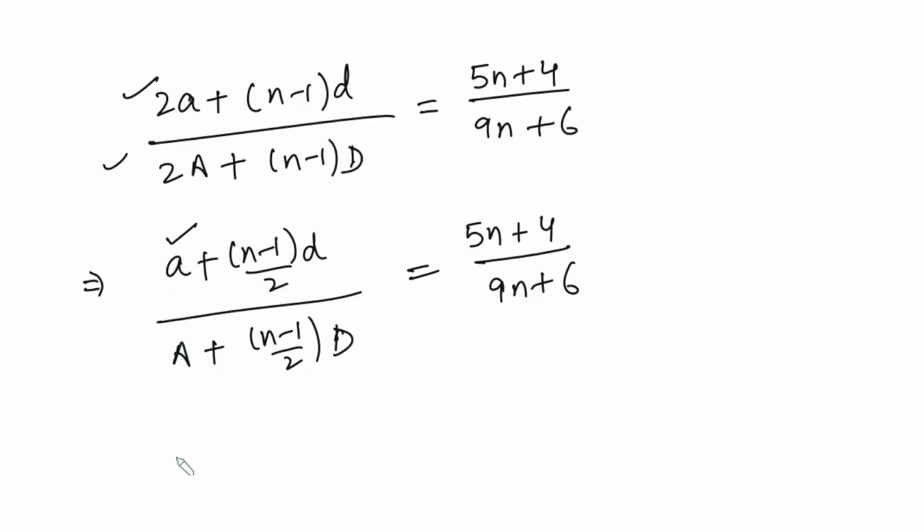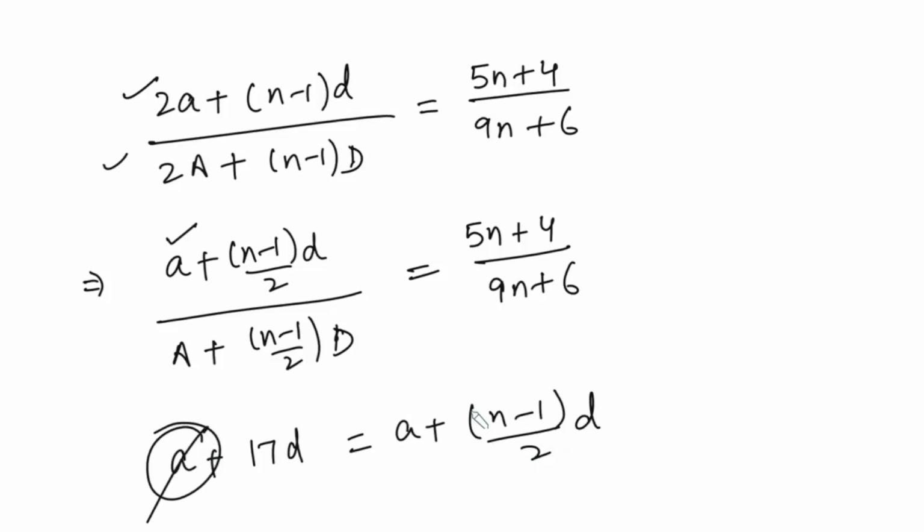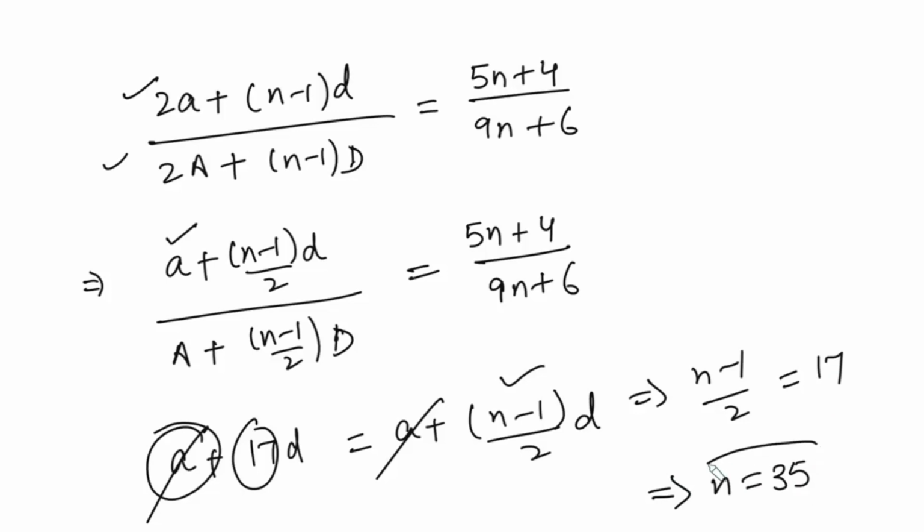Comparing the numerator with the 18th term formula for the first AP, it should be a plus 17d, and we have a plus (n minus 1) over 2 times d. That means (n minus 1) over 2 should be equal to 17. And from here we get (n minus 1) over 2 is equal to 17, or n is equal to 35.